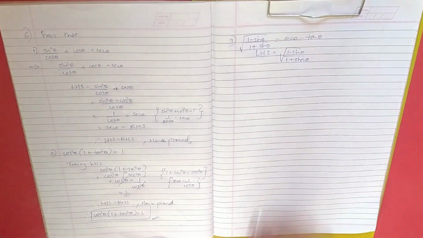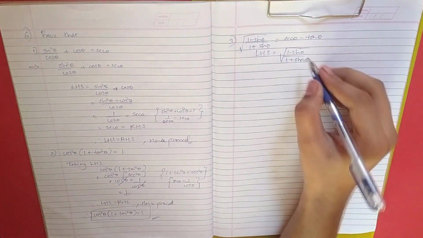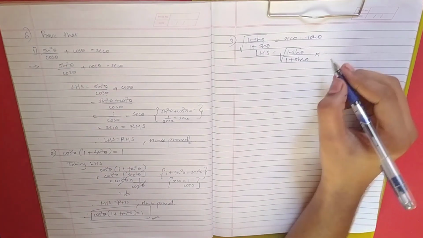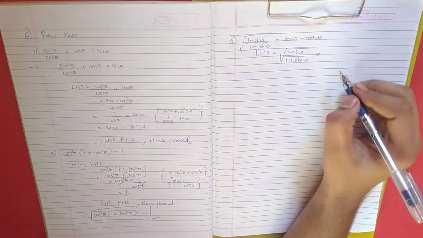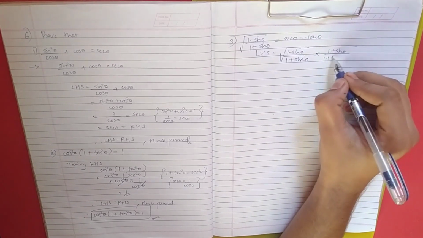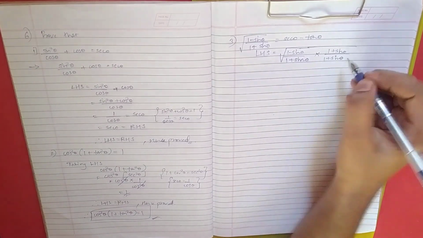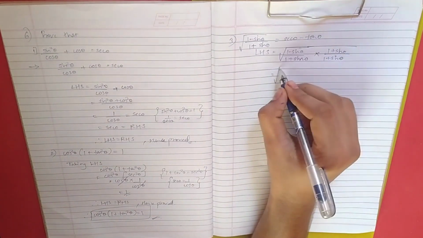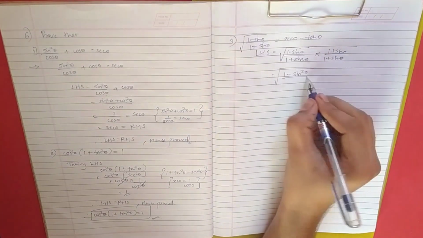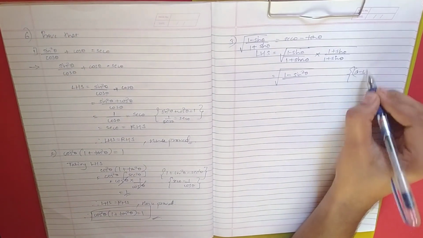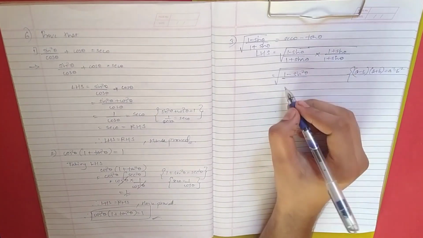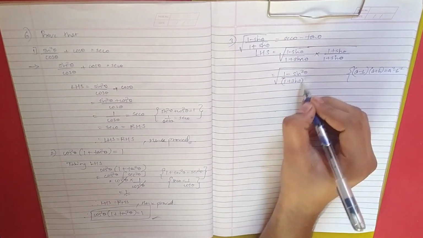While solving this type of sums, first we have to multiply the left hand side with the conjugate of the numerator, which is 1 plus sin theta upon 1 plus sin theta, into numerator and denominator both. So this will be 1 minus sin square theta. The reason is a minus b into a plus b is a square minus b square, and the denominator will be 1 plus sin theta the whole square.